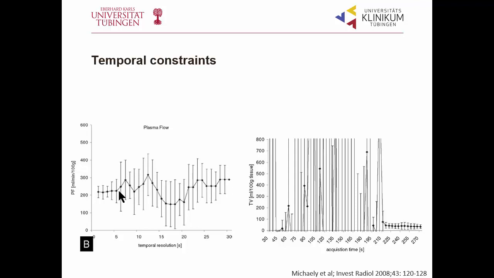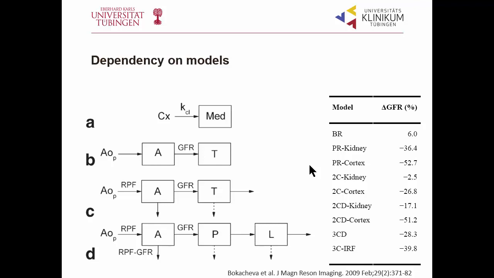You need at least a temporal resolution of 4 seconds to do a 2-compartment analysis, and you would have to measure at least 4 minutes if you want to have a stable analysis. If you go shorter, then a 2-compartment analysis is not going to provide reliable data. So at least 4 seconds temporal resolution and 4 minutes acquisition.